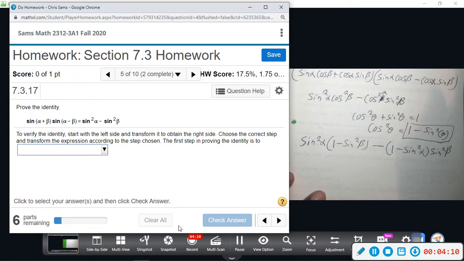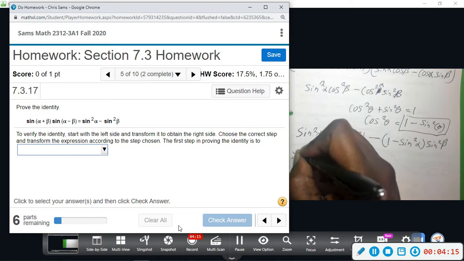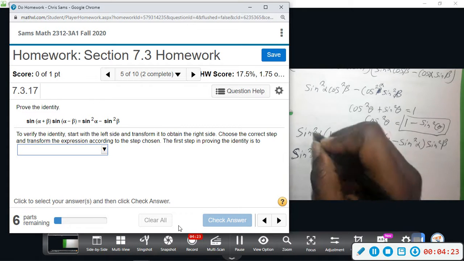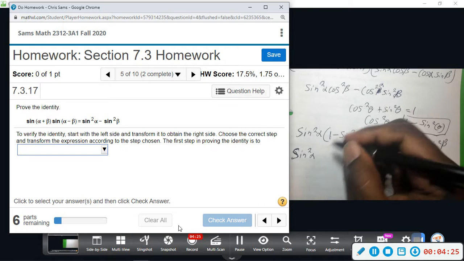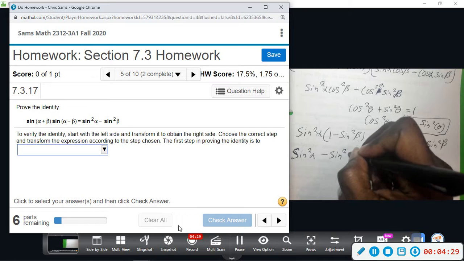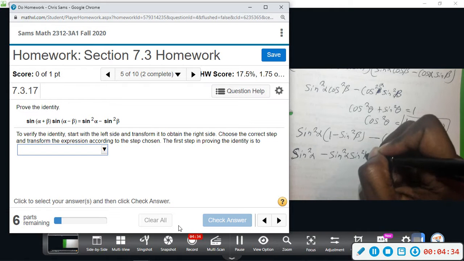So sine squared alpha when we multiply by 1, and then we multiply this minus sine squared alpha sine squared beta.